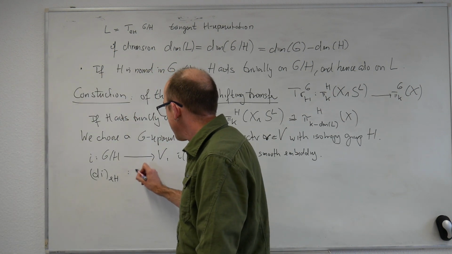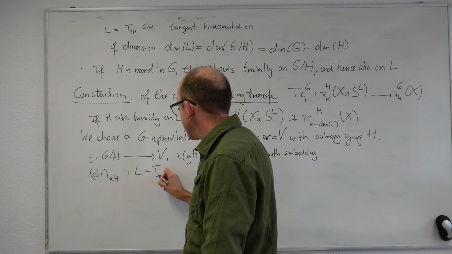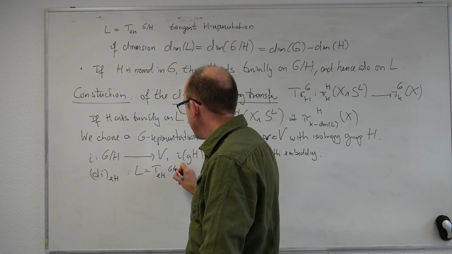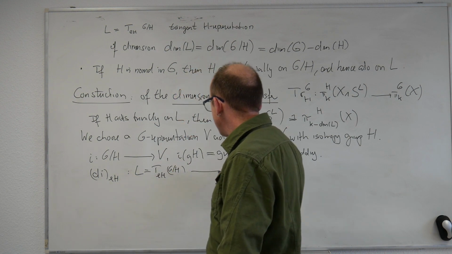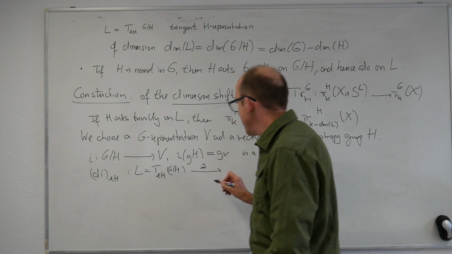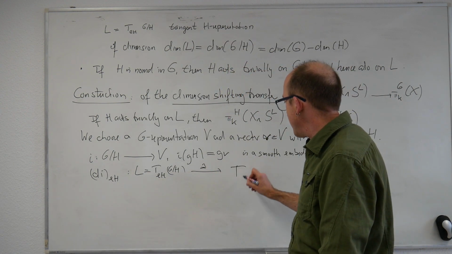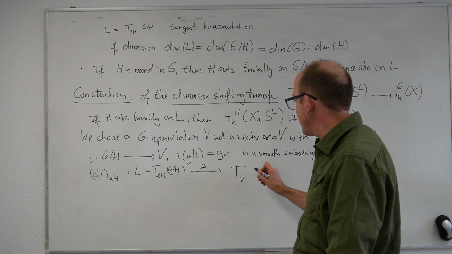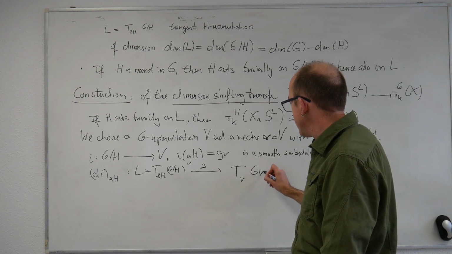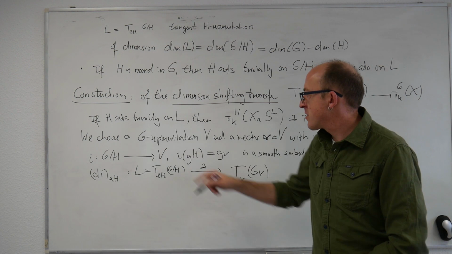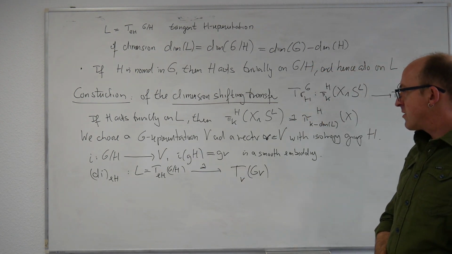This starts from L, the tangent space at eH in G mod H. And this is going to be a linear isomorphism onto the tangent space of the target, which is based at the vector v, and it's the orbit Gv, because the image of this embedding is exactly the orbit of the vector.